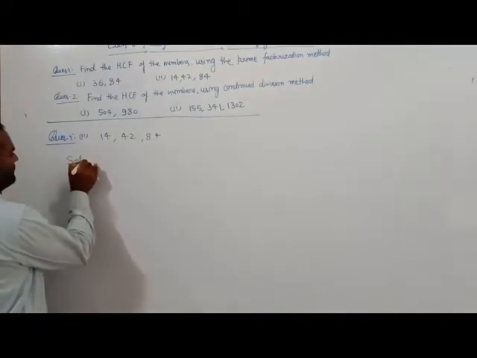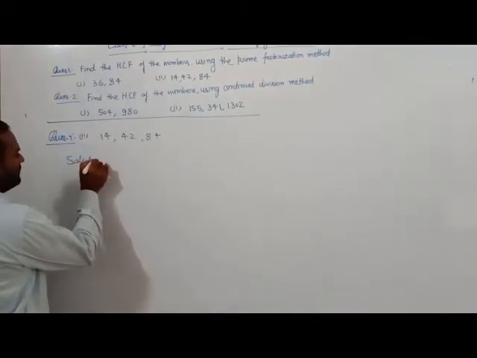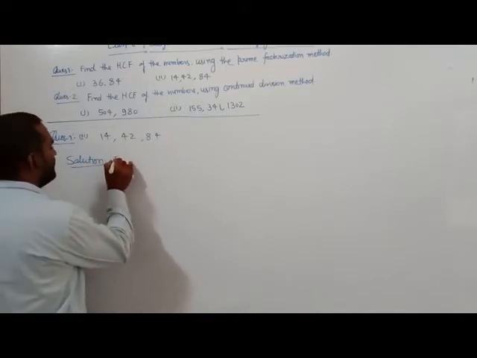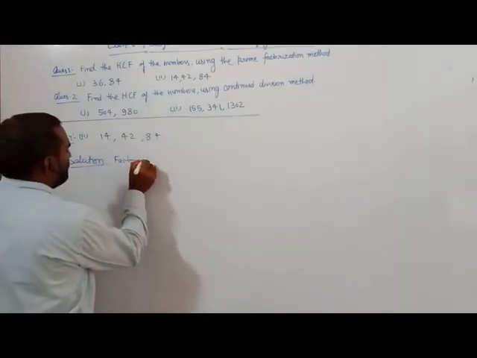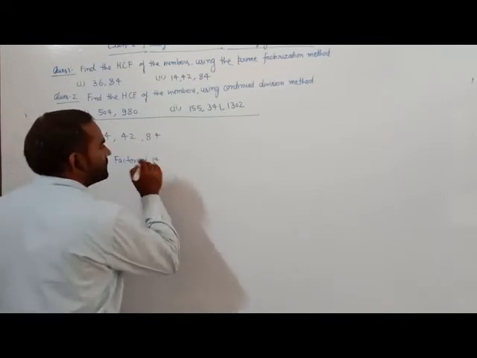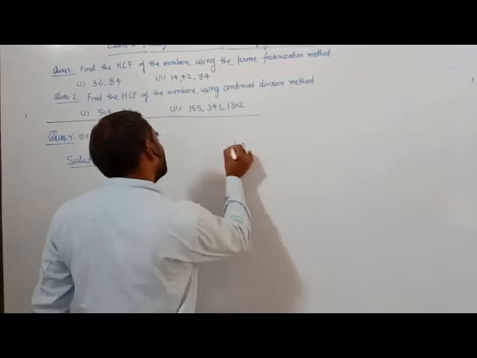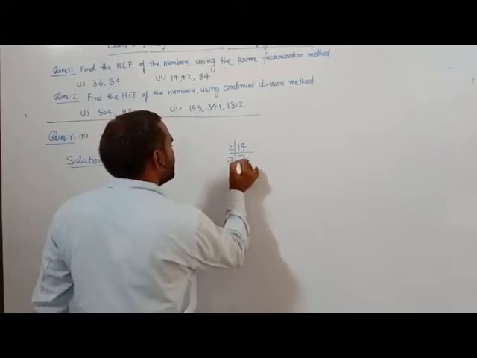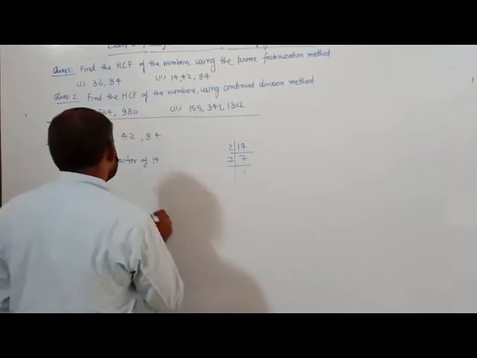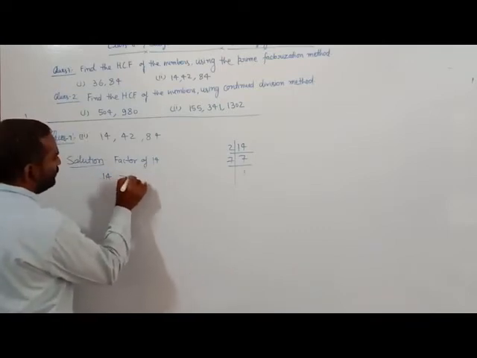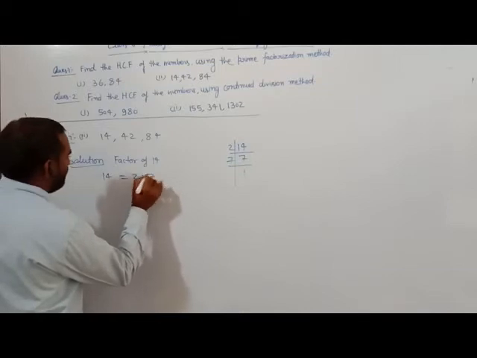Solution. Factor of 14. So we factorize 14. 2 sevens are 14, 7 ones are 7. So 14 is equal to 2 into 7.